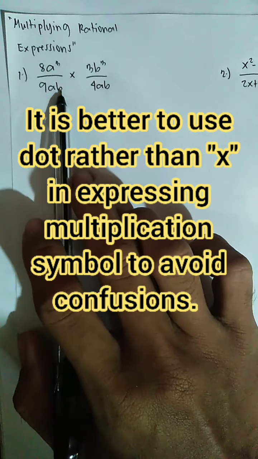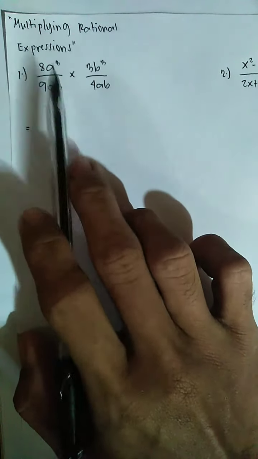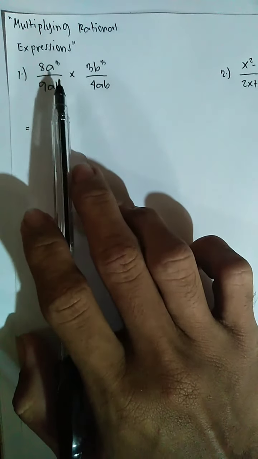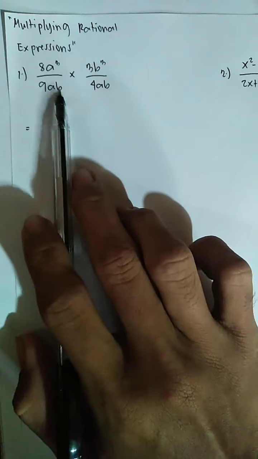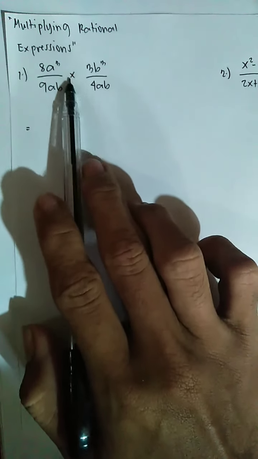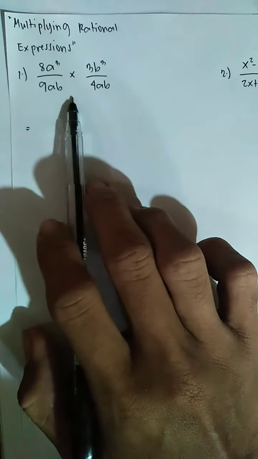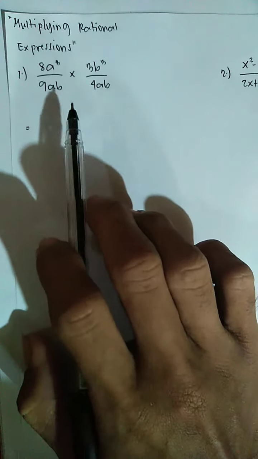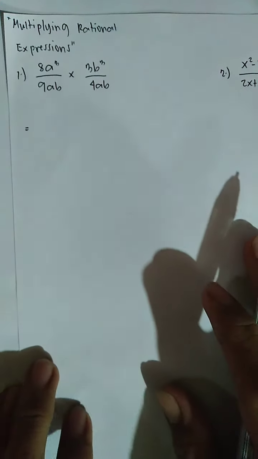So to avoid confusion or mistakes in solving along the way, just avoid this denotation. We can use the dot symbol, the other denotation for multiplication.